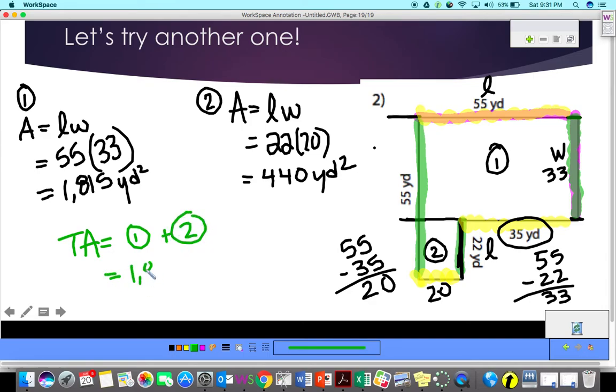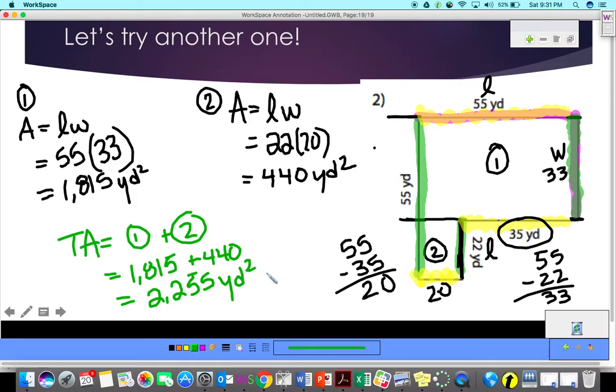So I need to take my area from the first shape, 1,815, and add it to my 440. When I do that, I'm going to end up with 2,255 yards square.